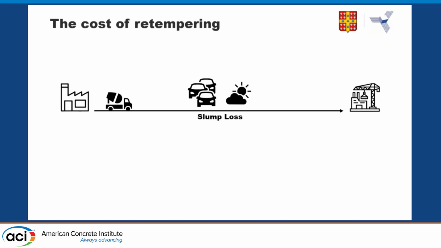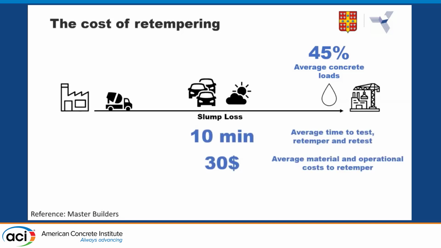According to a study by Master Builders, the need for retempering, the need of adding water to increase the slump and get the right slump, happens on 45% of concrete loads on average. That's a lot, and it's quite costly. On average, it takes 10 minutes, and it's $30 per load.